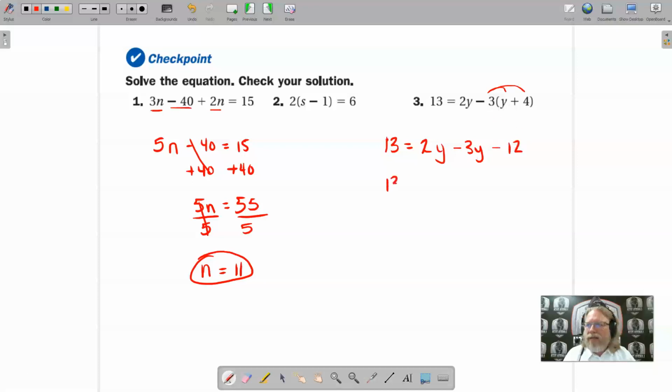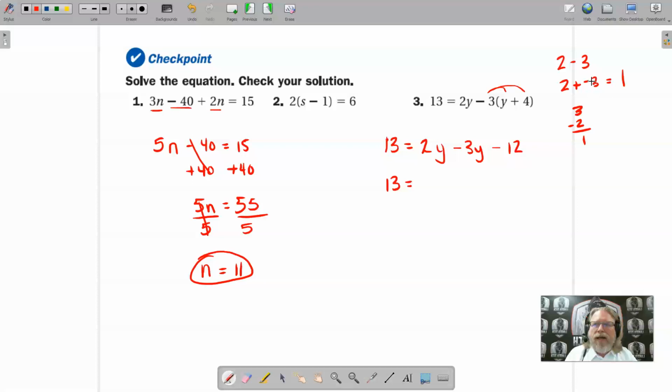Next, we can combine some like terms. So let's go and do that. This is 2y, and this is a negative 3y. So this is 2 minus 3, or we could look at that as 2 plus a negative 3. So we are adding a positive and a negative number, so we actually want to subtract. We want to take that 3 and subtract from it 2 to get 1.